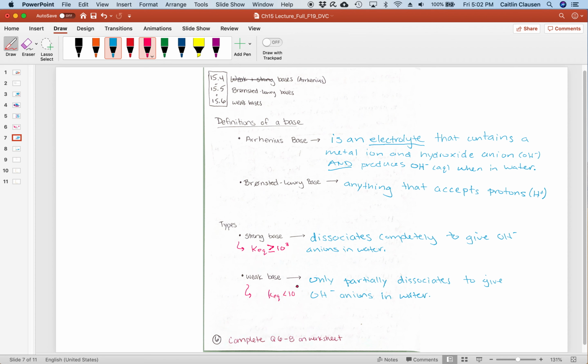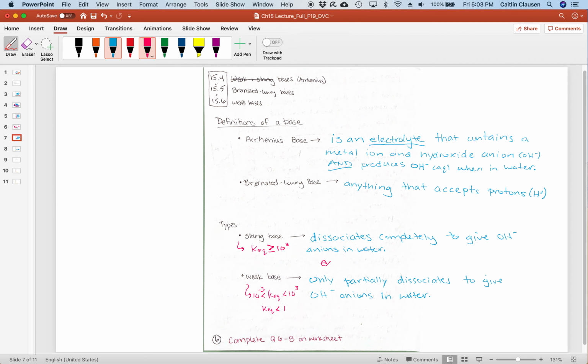So below 10 to the third, but above 10 to the minus third. And in that less than 1 phase. Alright, so with this information, you can complete questions 6 through 8 on the worksheet.